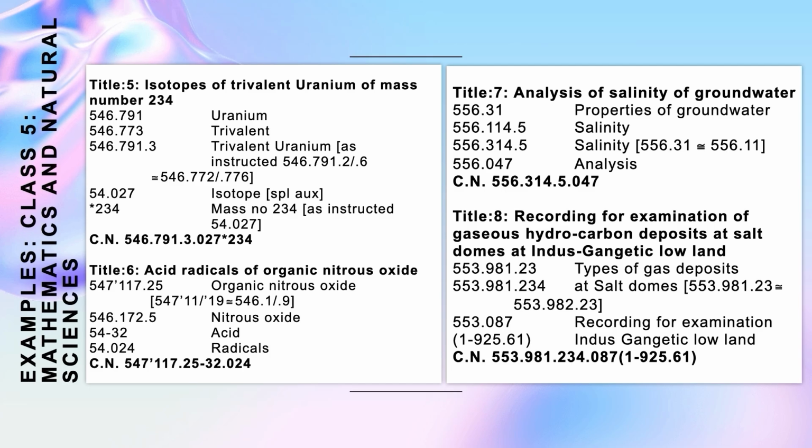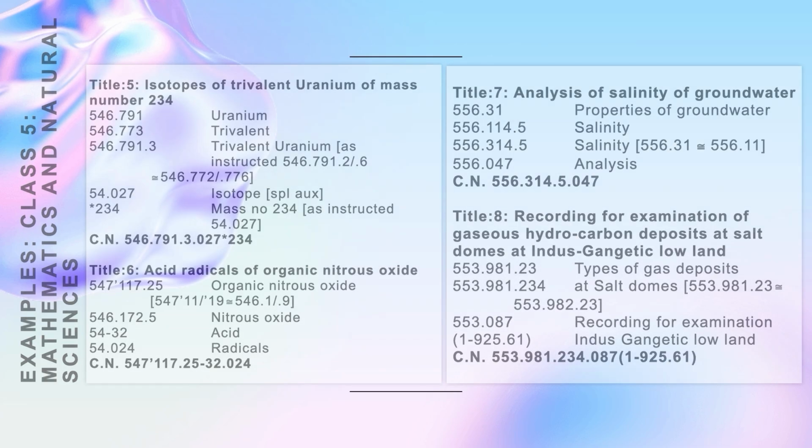So the class number for salt domes at the gas deposit will be 553.981.234. Recording for examination is in the special auxiliary under 553, so .087, and the Indus Gangetic lowland will be within parenthesis (1-9 to 5.61). So the final class number will be 553.981.234.087(1-9 to 5.61).